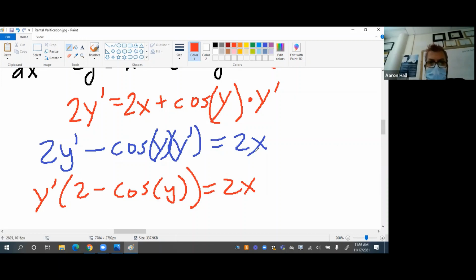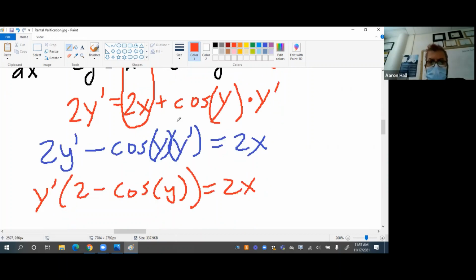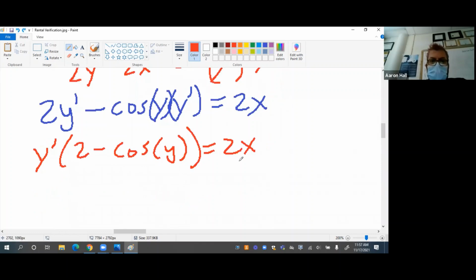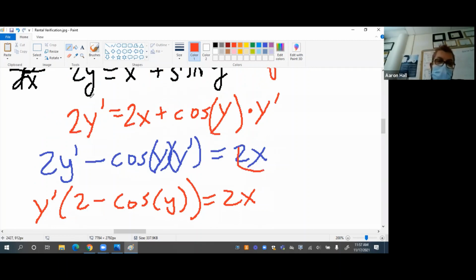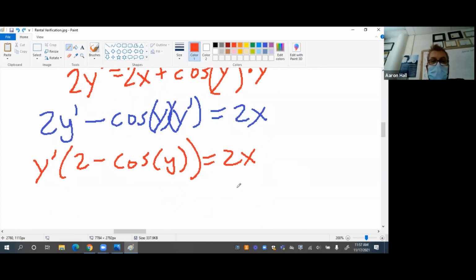Is it negative 2x? No, it's not. I don't see it as a negative 2x. Okay, now what? Oh, you moved this to the side and then moved this over to the other side. Oh, I see. Yeah, you'll get the same answer. Okay, now what?